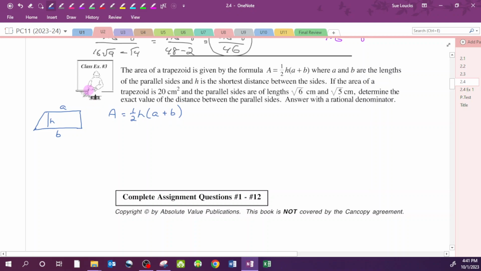Now, I solved this myself by putting the numbers in, but you could also just manipulate the equation to solve for h. Maybe I'll do that down here.